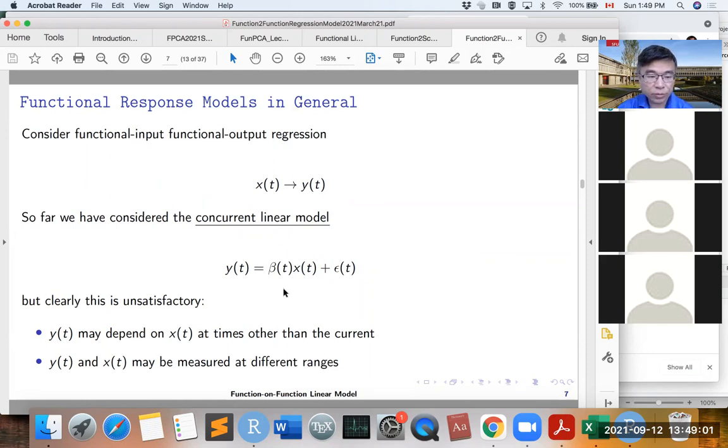So this is a little bit strict, because we know that in many applications, the value of the response may not only depend on the current time, maybe it also depends on the history.